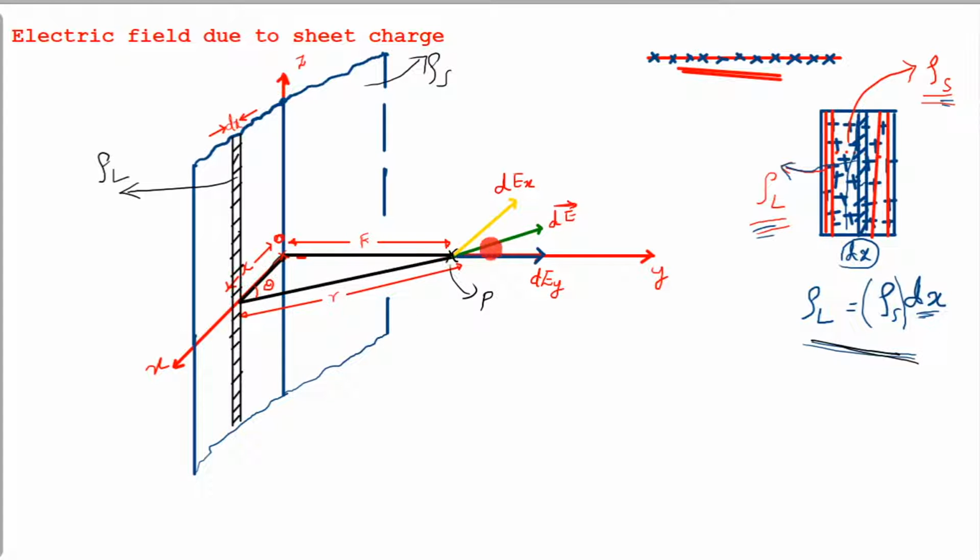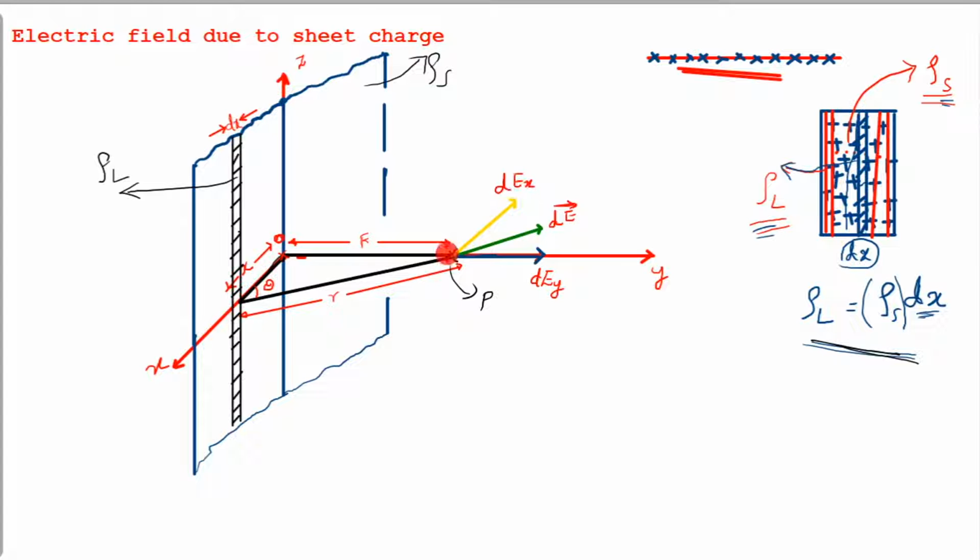Now this dE is in some arbitrary direction, so it is difficult to derive with an arbitrary direction. So I resolve this dE into a horizontal component and a vertical component. You have to understand that in the figure it looks like small angles, but you have to be imaginative. See, this dEx is parallel to the x-axis. So this is away from you, away from the screen.